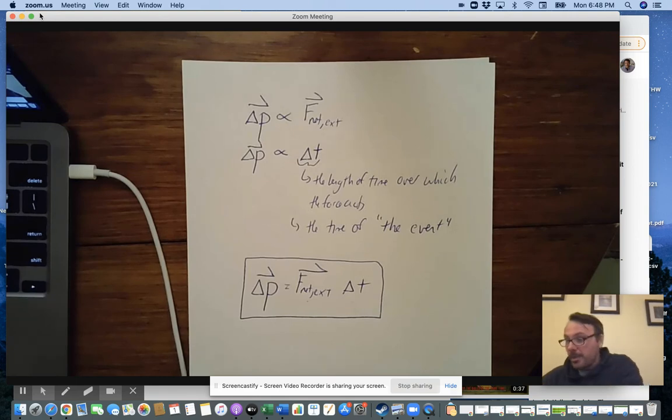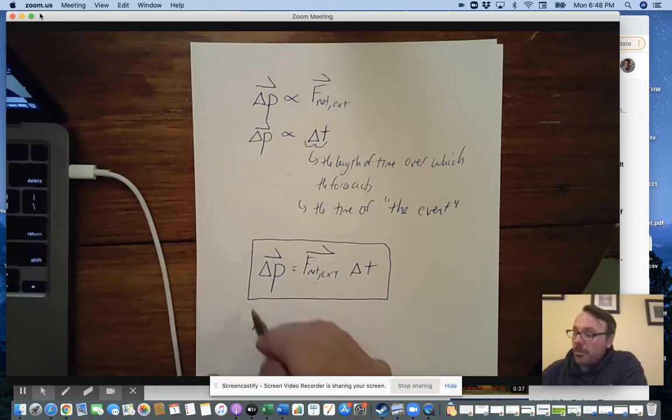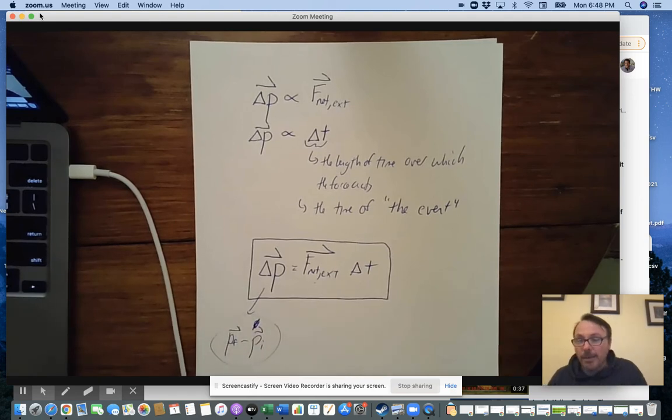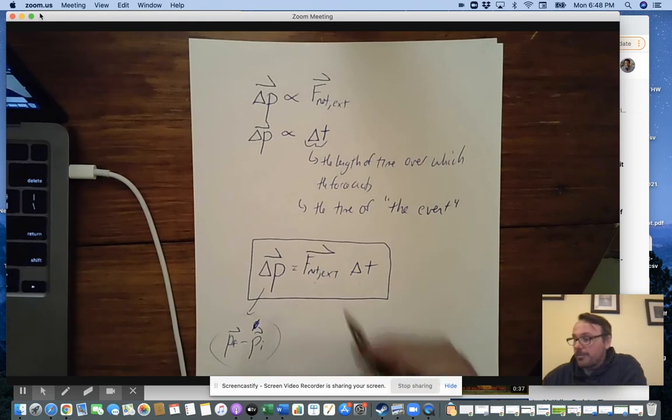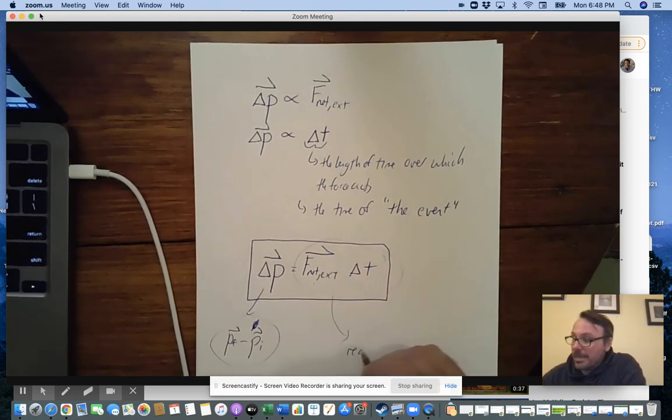Okay, so if I look at this, I can see another thing. Well, actually, let's look at what's going on here. The left side of this equation, P final minus P initial vector, describes the amount of change. The right side of this equation describes the reason for the change.